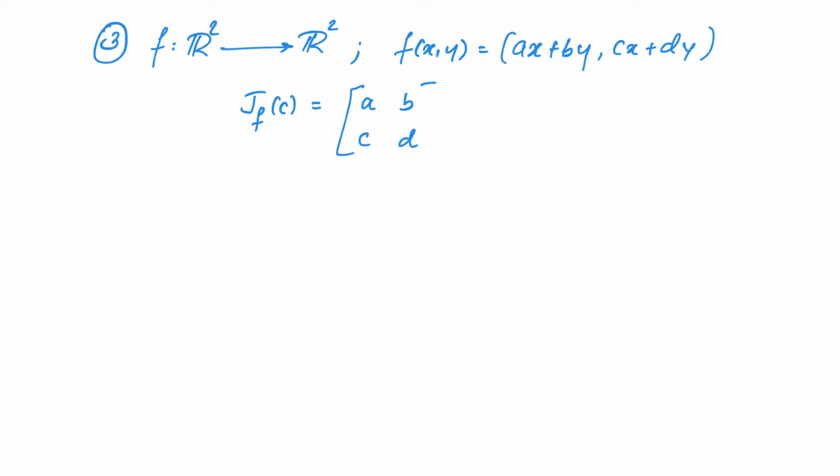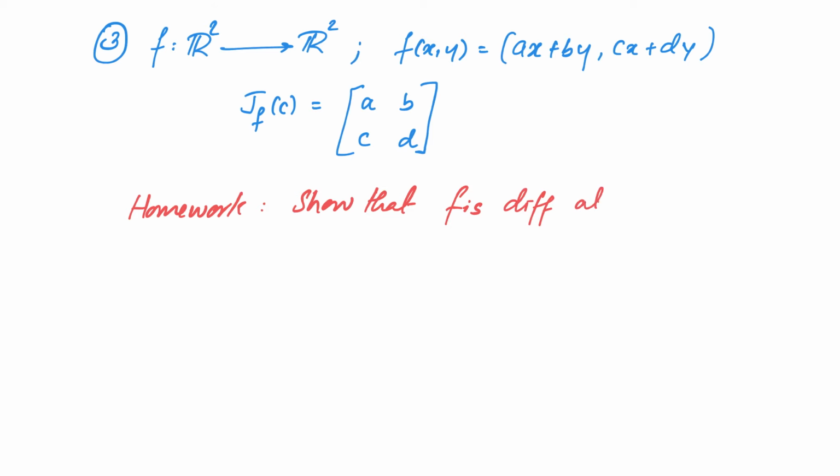And it's easy to check that the Jacobian of this matrix is the matrix [a, b; c, d]. I leave it as a homework to check that this function is indeed differentiable. For this, you would have to verify that the appropriate limit is equal to 0. And I am sure you will be able to do it on your own.